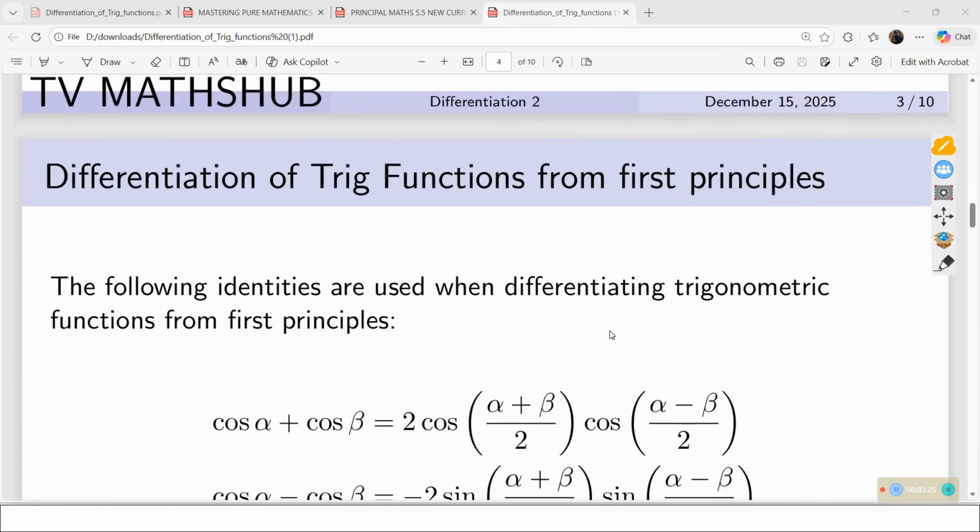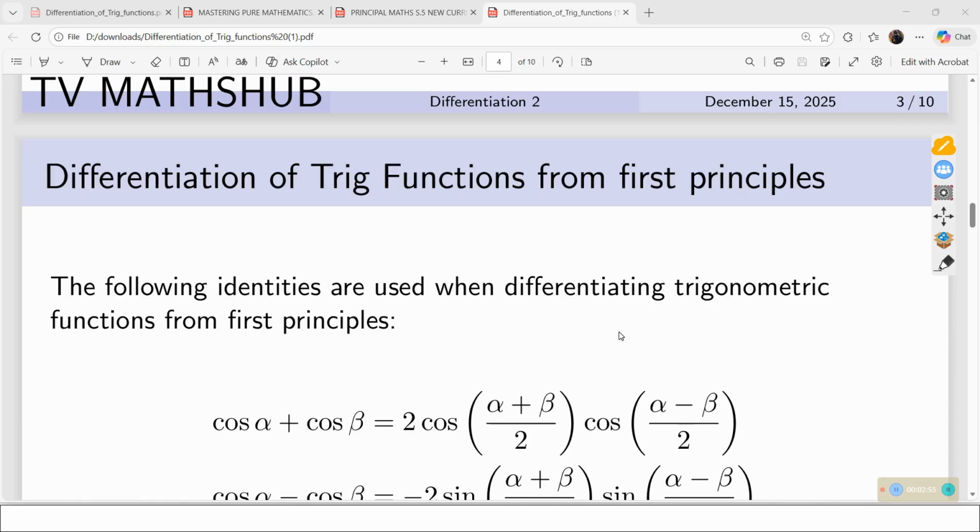So we shall basically be talking about differentiation of trig functions from first principles. So if you want to look at differentiation of trig functions from first principles, then what exactly is supposed to be done is what we shall be looking at in this session.